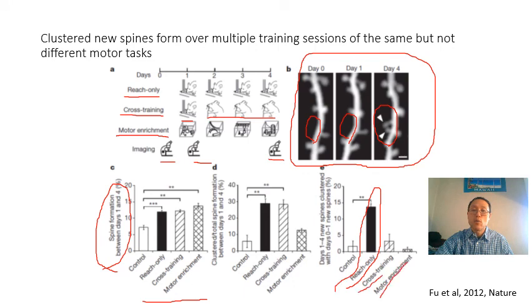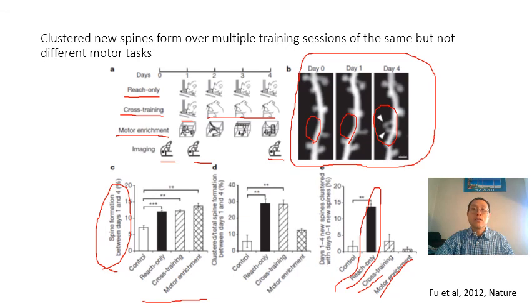You don't see this in the motor enrichment environment, which all boost up the dendritic spine formation rate that you see in D. So what this means is that the clustered new spines formed over multiple sessions really require the same motor task, and if you switch over to different motor tasks, a different set of dendritic spines are going to grow out.